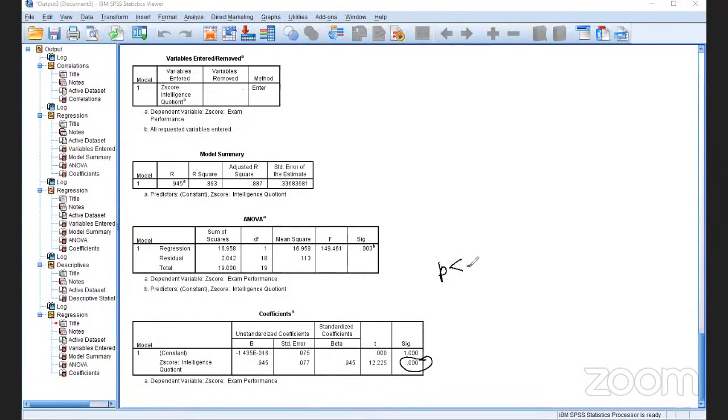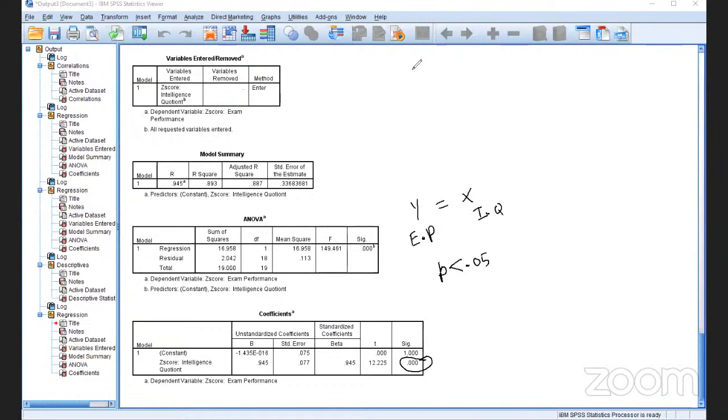Y is exam performance and X means IQ. It means IQ significantly contributes to exam performance. If your IQ level is high, your exam performance will be high.